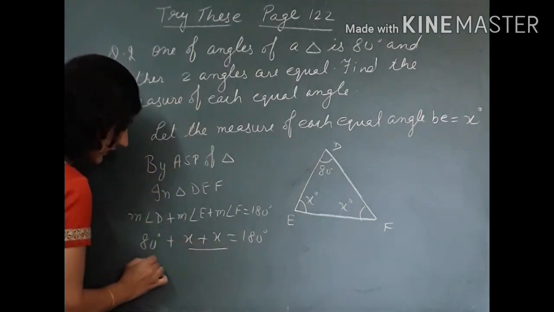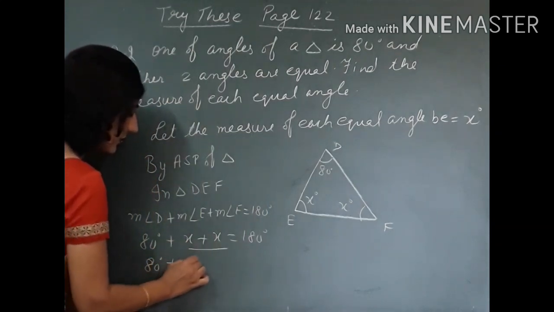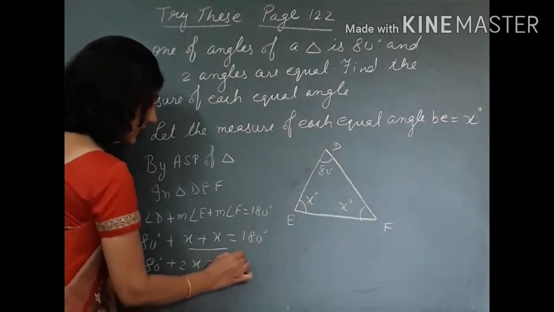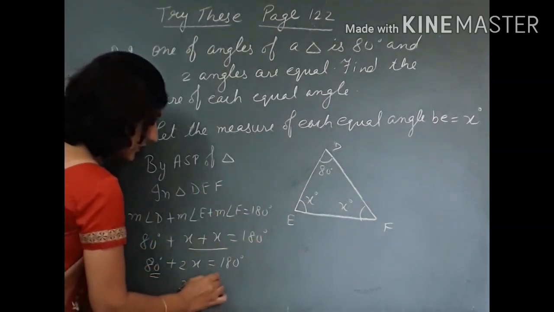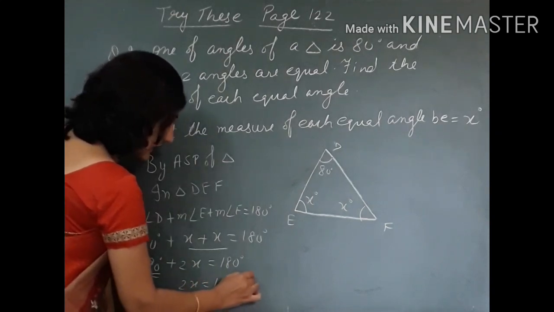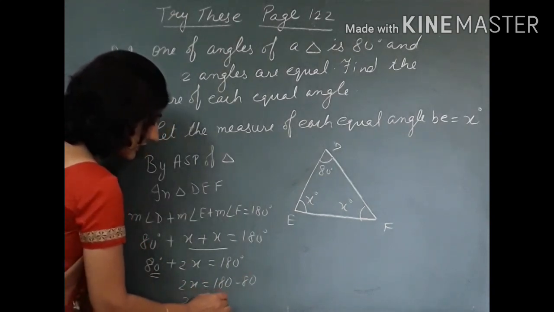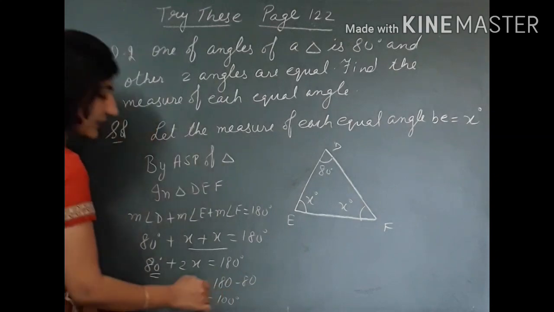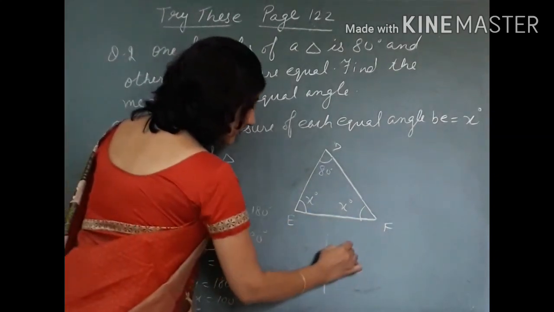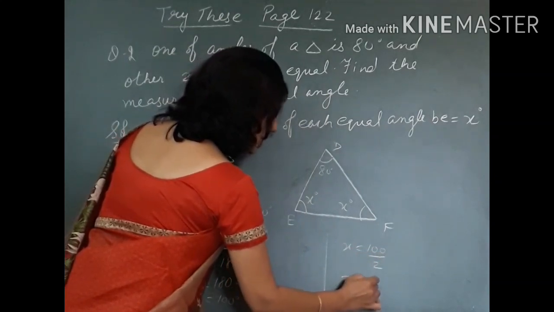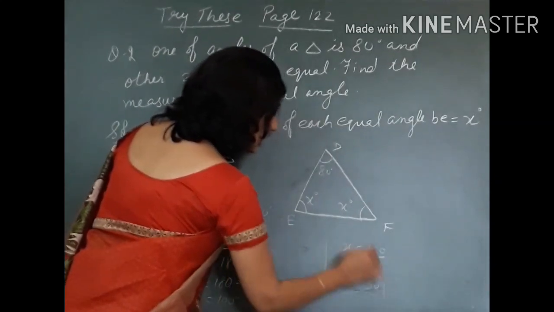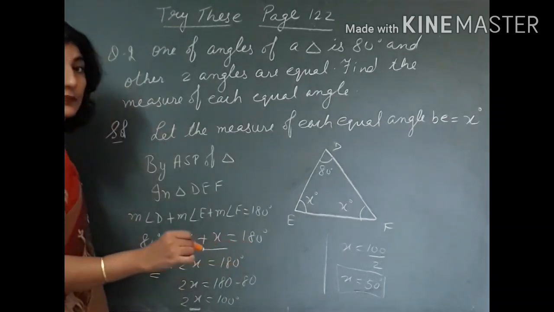X plus x will become 2x. So 80 plus 2x equals to 180 degree. Transpose this 80 to right hand side. It will subtract 180 minus 80. So 2x equals to 100 degree. Now to find the value of x, you will divide 100 by 2. So you will get x equals to 50 degree. Therefore the measure of each equal angle is 50 degree.